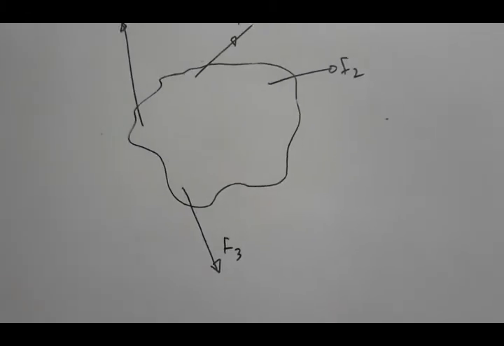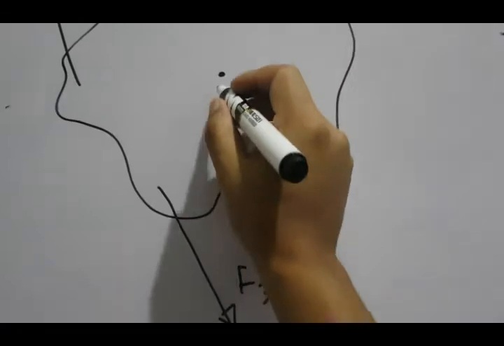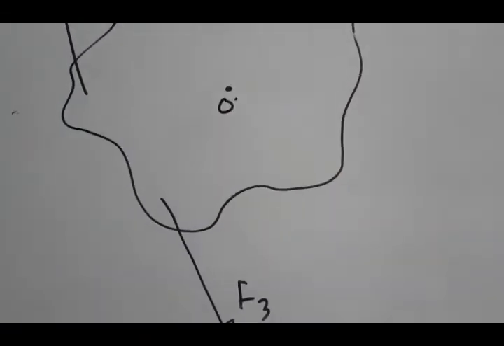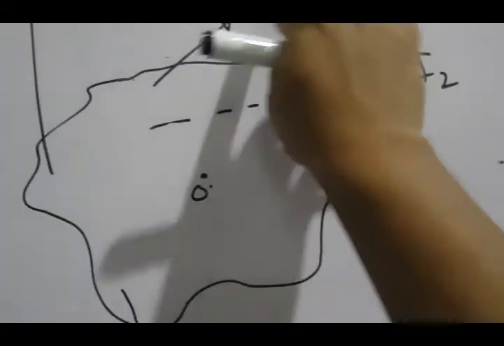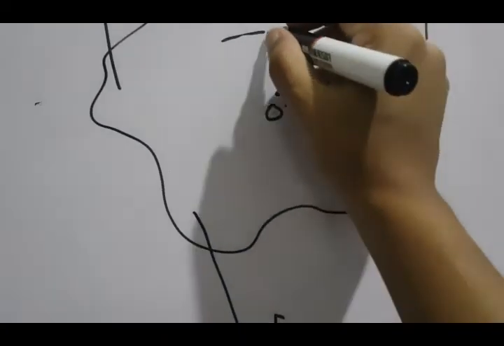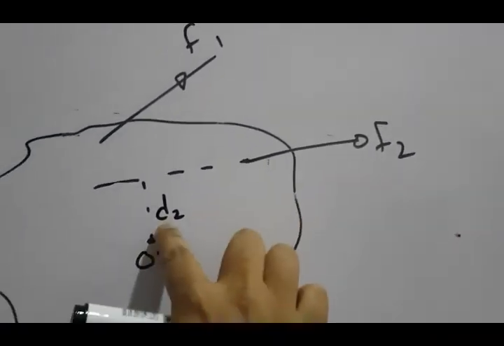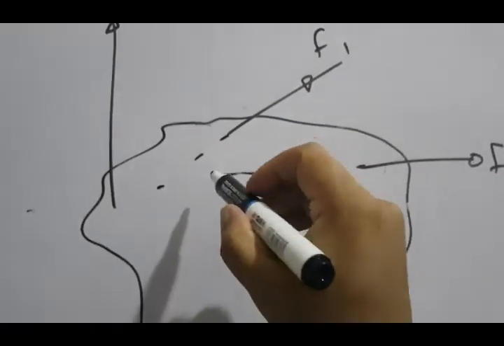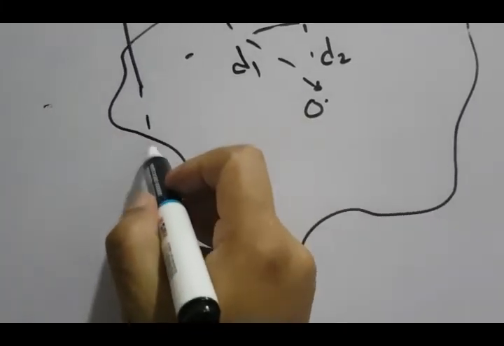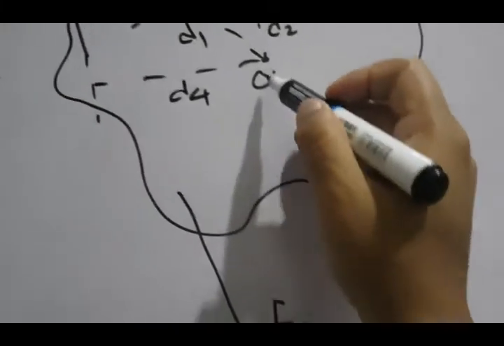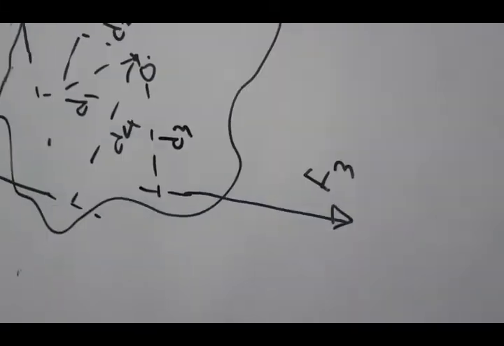If you have many forces on a plane, let's say you take an arbitrary point O. Now you can take moments by each of these forces about that point. So let's say this distance is d2, and this distance d1. Now here let's say d4, and this one d3, right?